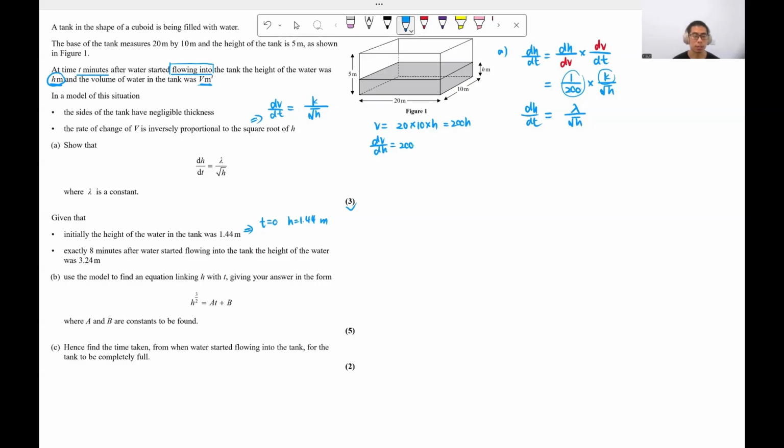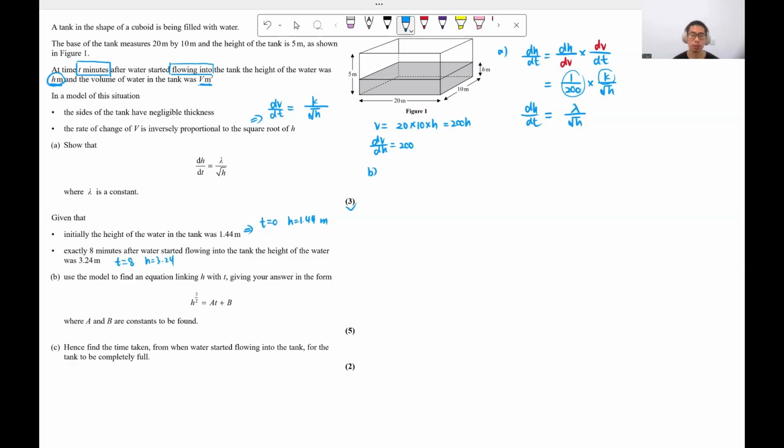Exactly 8 minutes after water started flowing into the tank, the height of the water was 3.24 meters. The units for t are minutes, so we let t equal 8 and h equal 3.24. Those are our two conditions. To solve that, we have to integrate it.